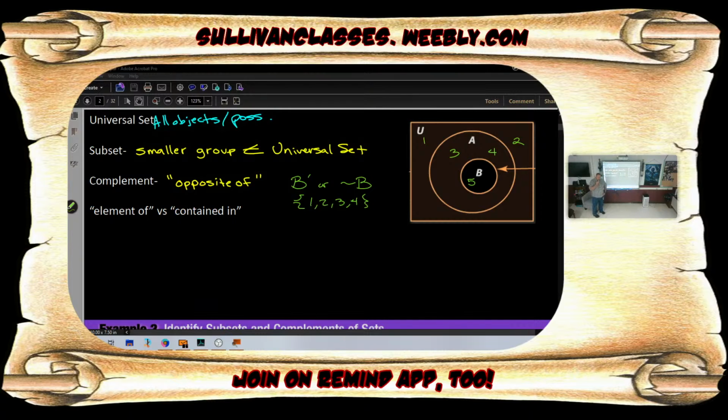Element of versus contains, that was an old typo. Contains. There we go. So like before, remember, Olinda is an element of A. I couldn't flip that around.